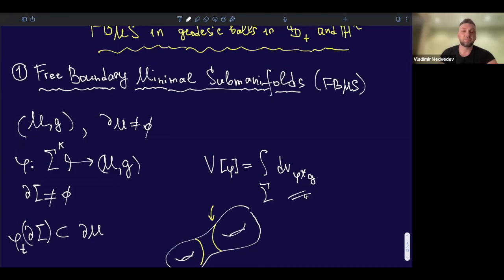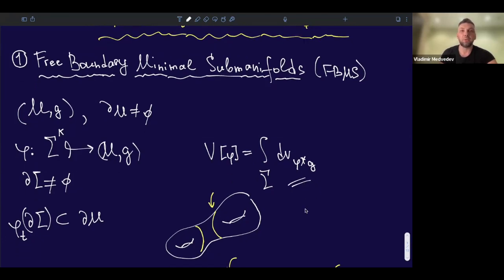But we also want the boundary of Sigma to not leave the boundary of M, the ambient manifold.